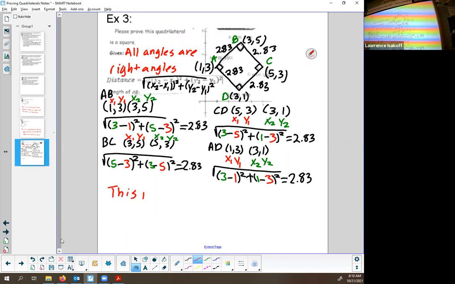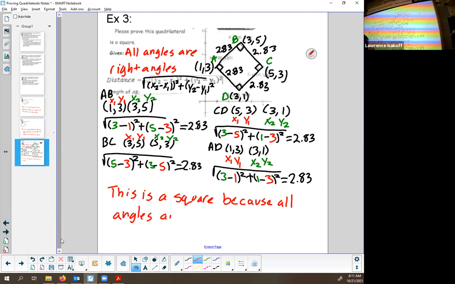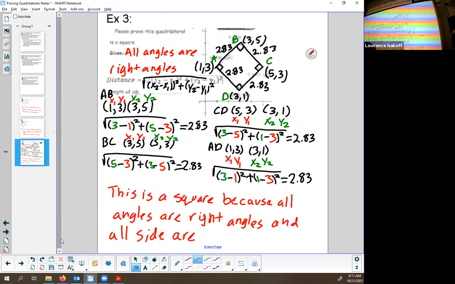This is a square because angles are right angles and all sides are equal. So we provided that evidence.